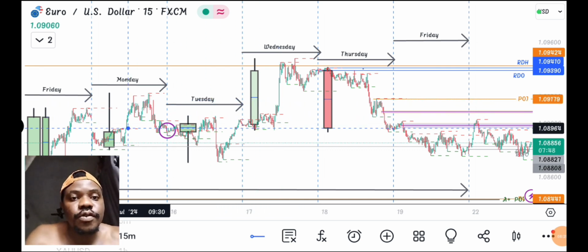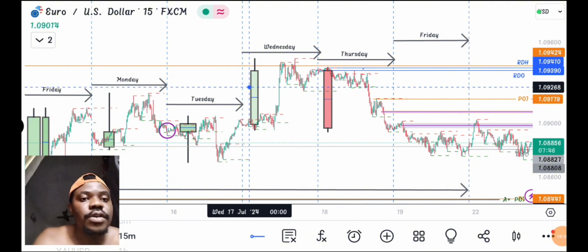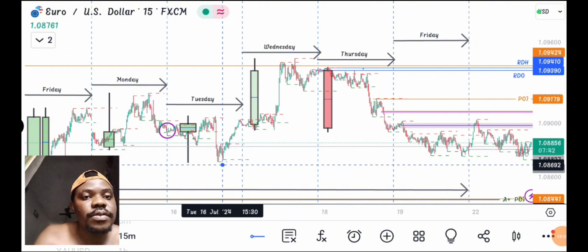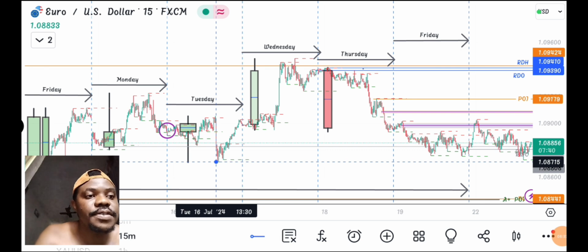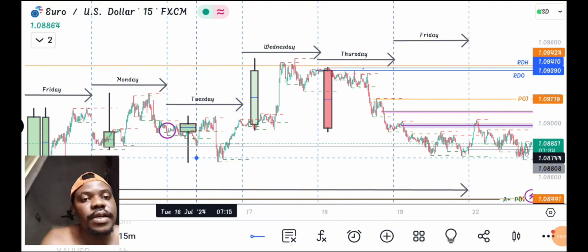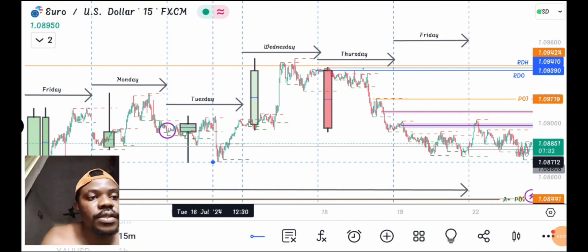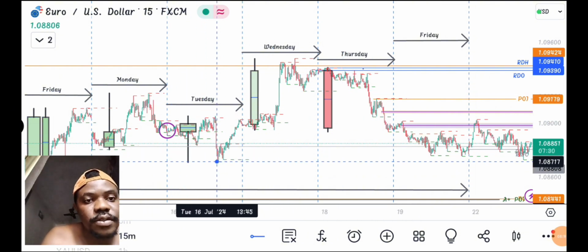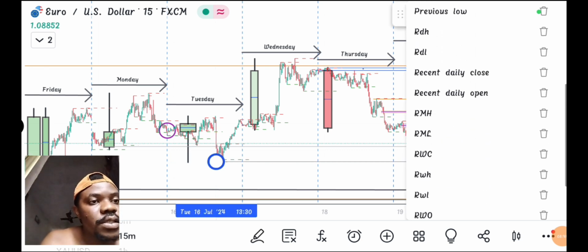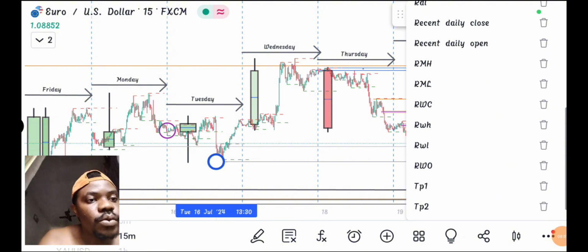So from this to this, the lowest point where price got to, I think that was on Tuesday, because this is the low of Tuesday. No other low of this week from Monday to Friday has gone below this low. So I'm gonna mark this low of Tuesday here. That's the low of Tuesday. I'm gonna mark that recent weekly low.